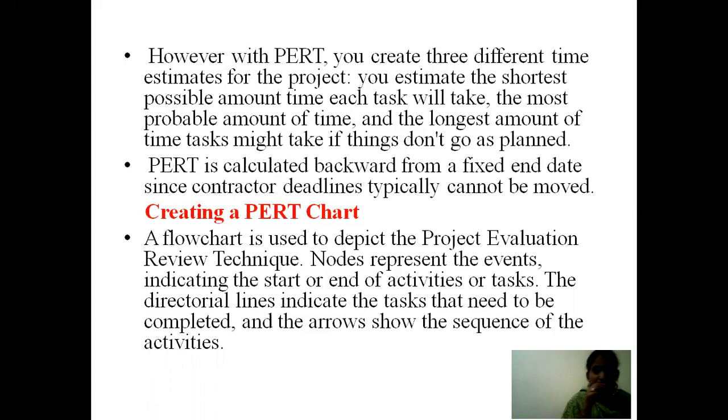Here, PERT is calculated backward from a fixed end date since contractor deadlines typically cannot be moved. So in the calculation of problems using this PERT technique, we are going to have three different time estimates. They are the shortest possible time, the probable amount of time, as well as the longest amount of time.